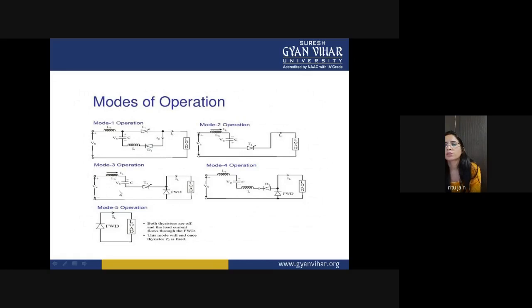In mode 4 operation, you can see that this diode will come into the picture again, and the load current will flow from source to load. And in the fifth mode, only the freewheeling diode will conduct, because this part will be turned off. So only this portion will conduct, and the current will flow through your freewheeling diode.